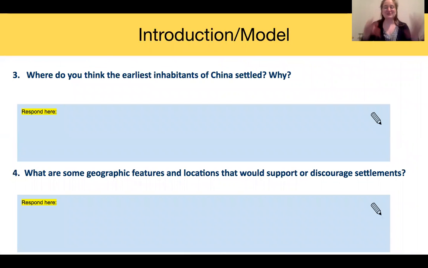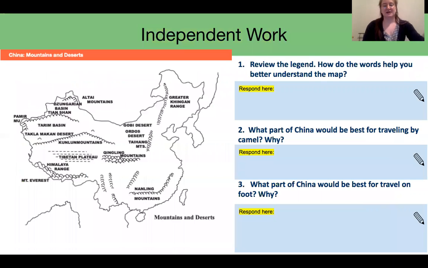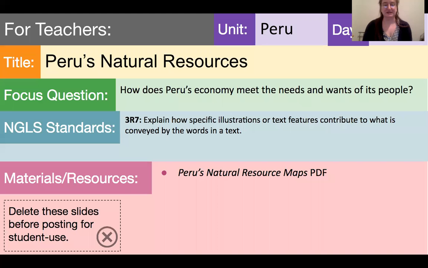And using this analysis, kids are then asked to think where humans might have settled in China, and what about the geography, what about what they've seen on the map can give them a clue into where people might have settled. Again, children are then, after doing this together with you, going to practice it independently.